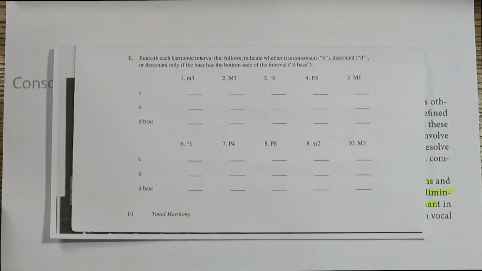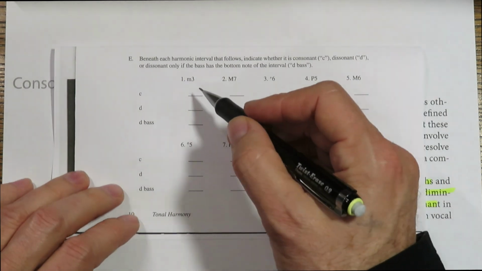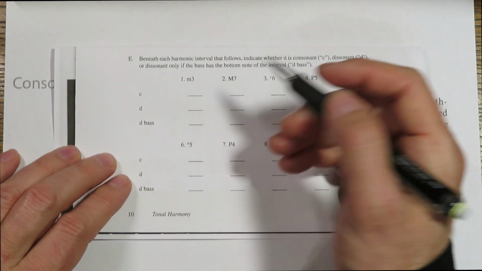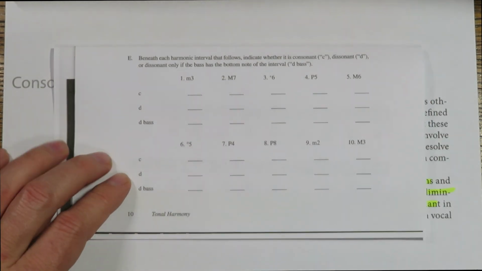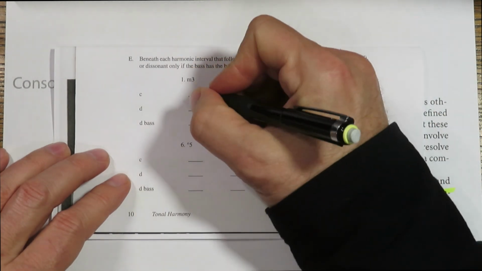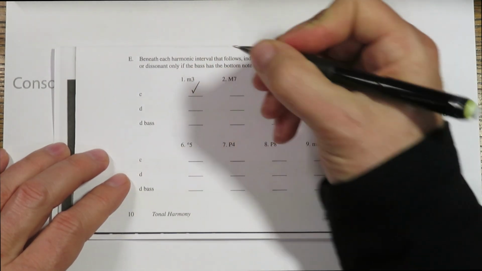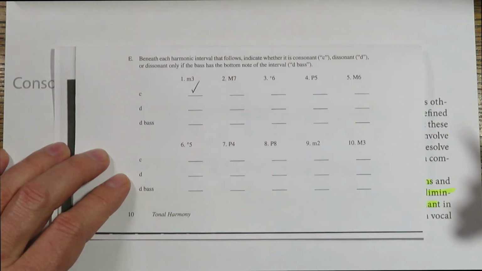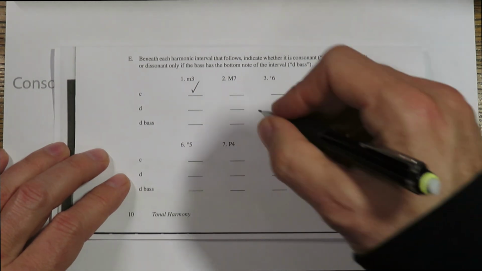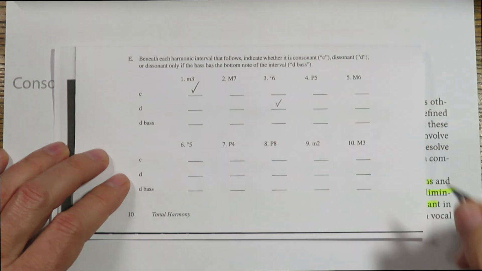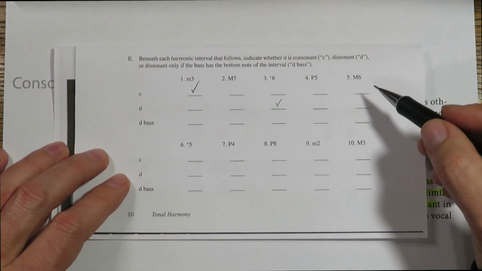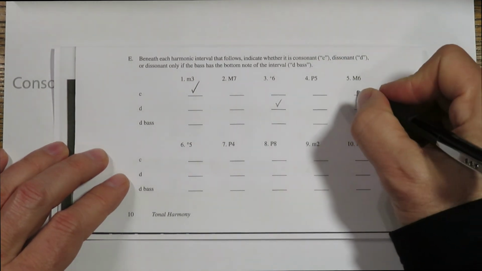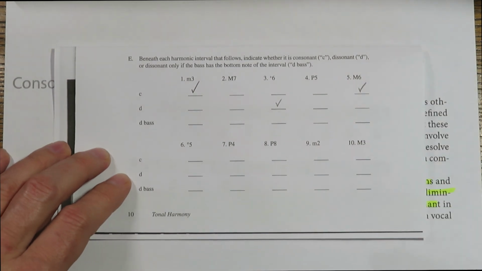Now, our first one, we have a minor third. Is it consonant or dissonant? Well, we know thirds are consonant. Now we have an augmented sixth. Augmented intervals are dissonant. Here's a major sixth. We know that's consonant.